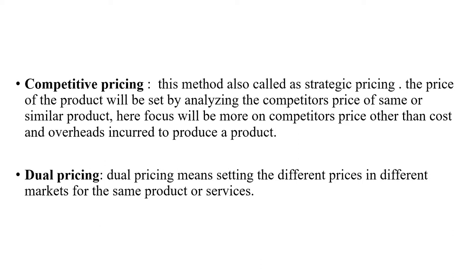For example, if a commodity is rupees 100 in Belgaum, the same product may be 150 in Mumbai or 200 in Bangalore. Like that, the prices will be different in different markets for the same product or services. That is known as dual pricing.